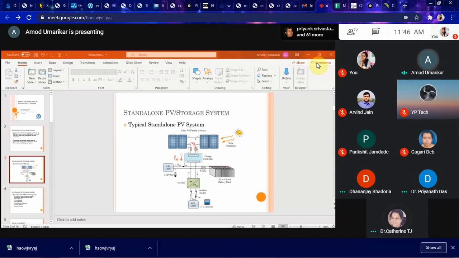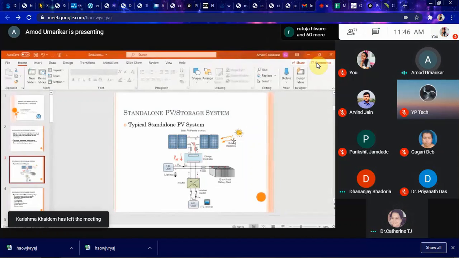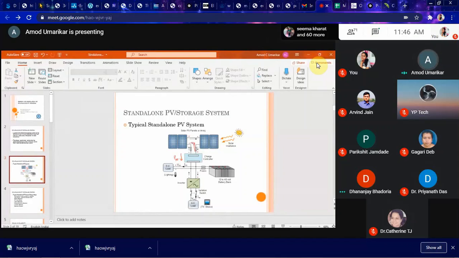I had to share the screen because I have to show the simulations also. Okay, that's why I'm sharing. No issues, sir. Right now I will share the PPT only, and whenever a simulation comes, I will share the screen. I have to share two PPTs in parallel, so that's why I'm sharing this. Now you can see this full screen. Yes, sir, we can see.